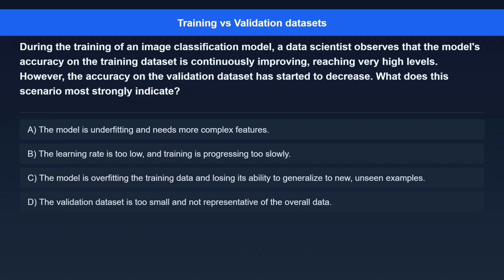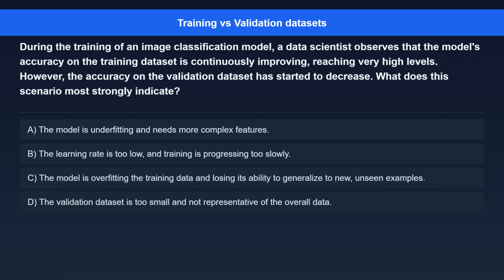Question 8. During the training of an image classification model, a data scientist observes that the model's accuracy on the training dataset is continuously improving, reaching very high levels. However, the accuracy on the validation dataset has started to decrease. What does this scenario most strongly indicate? Option A, the model is underfitting and needs more complex features.